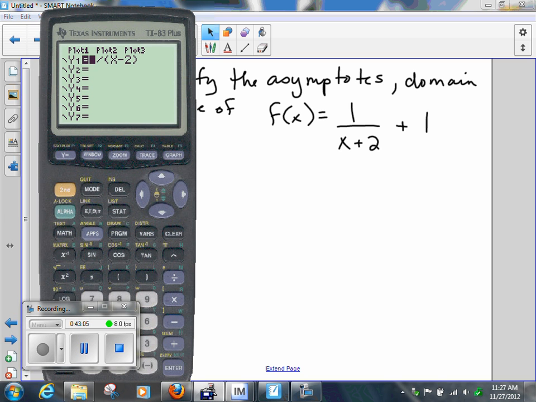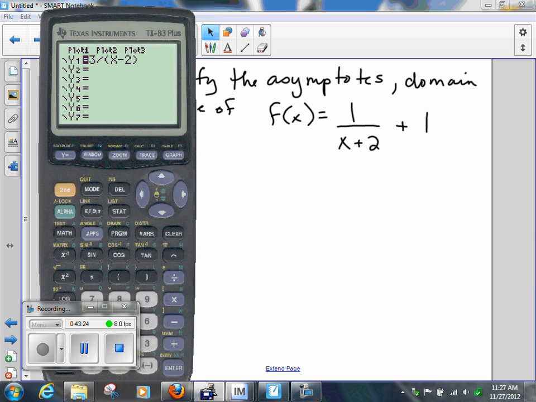Identify the asymptotes, domain, and range of f of x is equal to 1 over the quantity x plus 2, plus 1. Word to the wise, you better use what here? Use parentheses, okay?